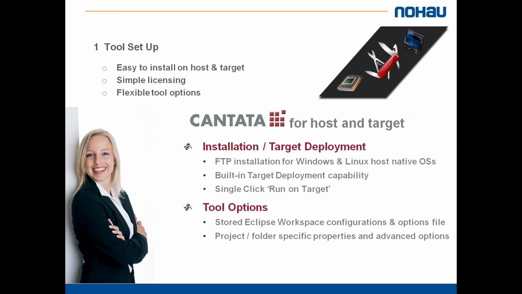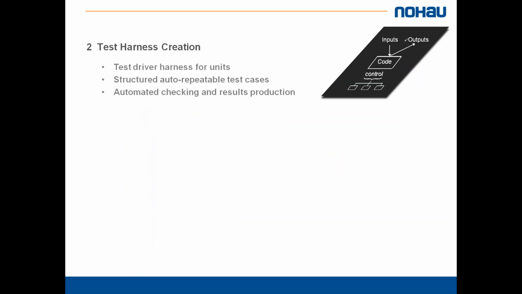So apart from being able to run both on host and target, what does make Cantata different from other development or testing tools? Well, one thing to remember is that for every test tool, you need to have a generated test framework, a test harness.